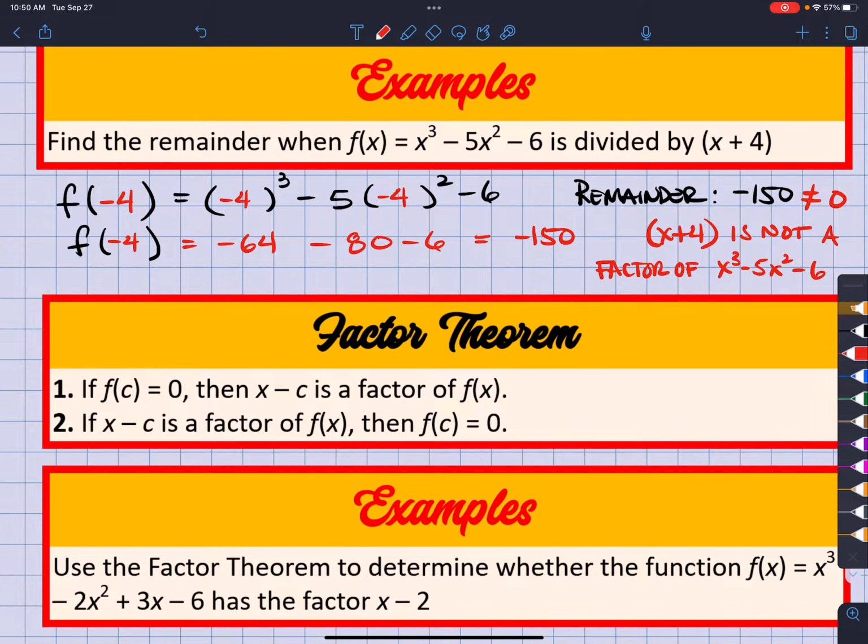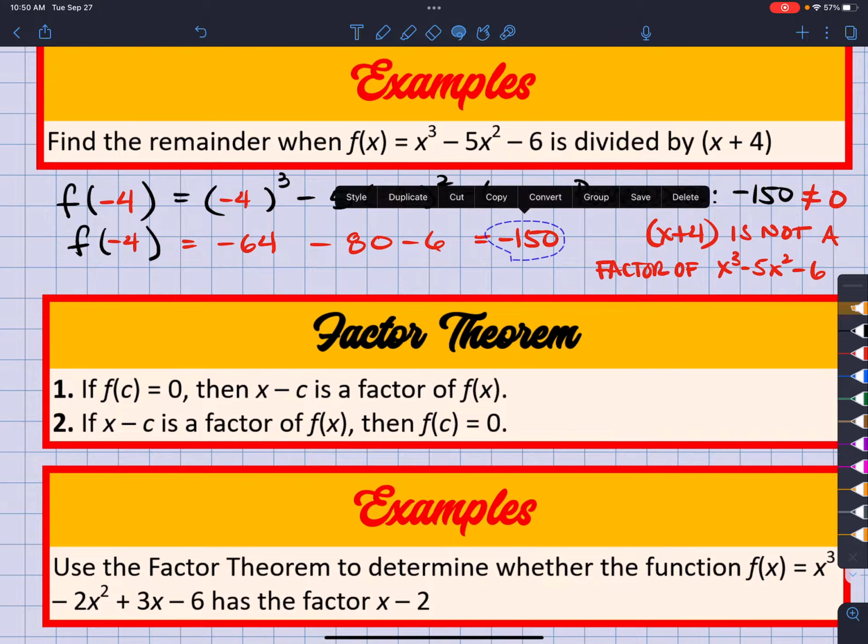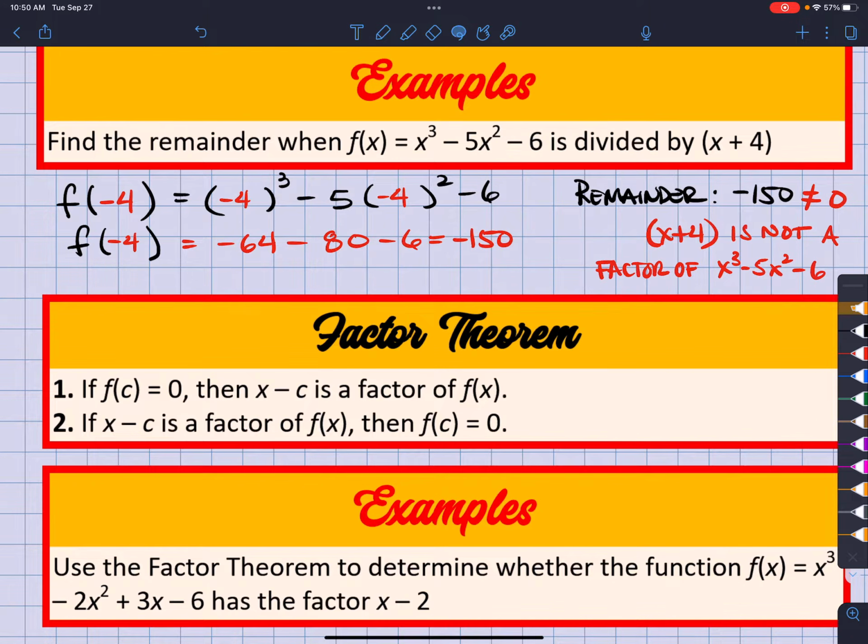That part is very important to know. Unless the remainder is 0, then it is a factor. But if not, then this is not a factor of this polynomial.